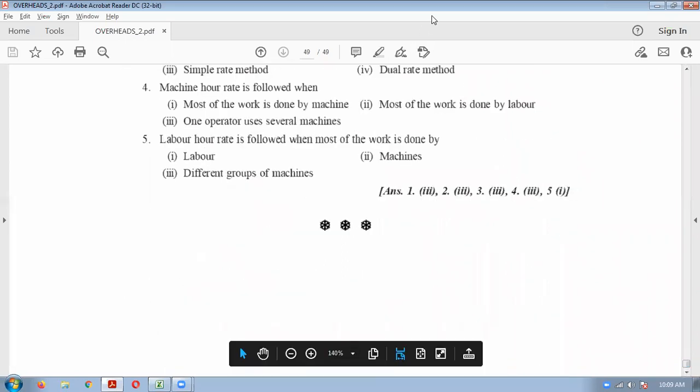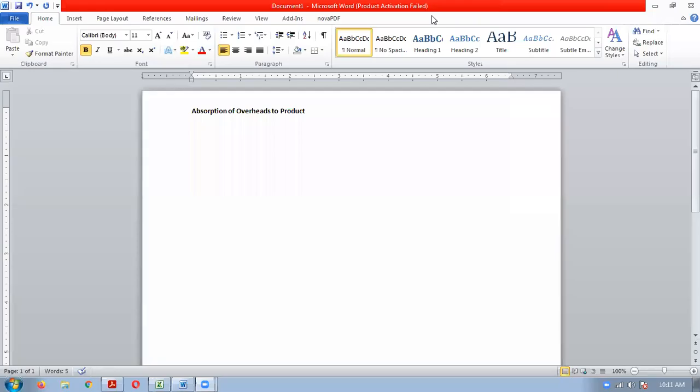Okay, so this much understood, everybody? So now we will understand absorption of overheads to product using some different methods. So first, before understanding that, let us understand what is absorption. See, absorption means what?